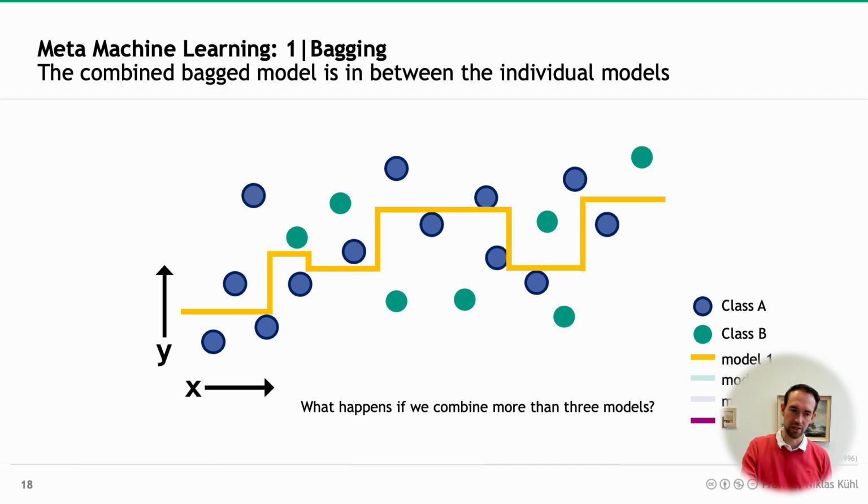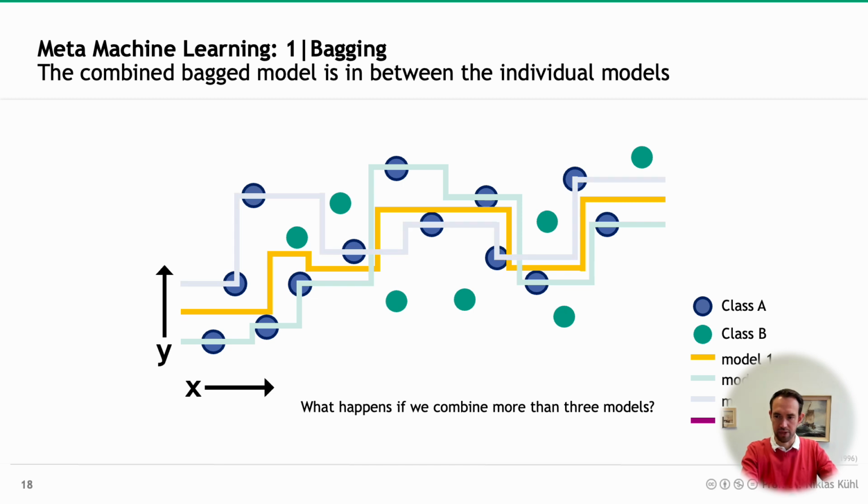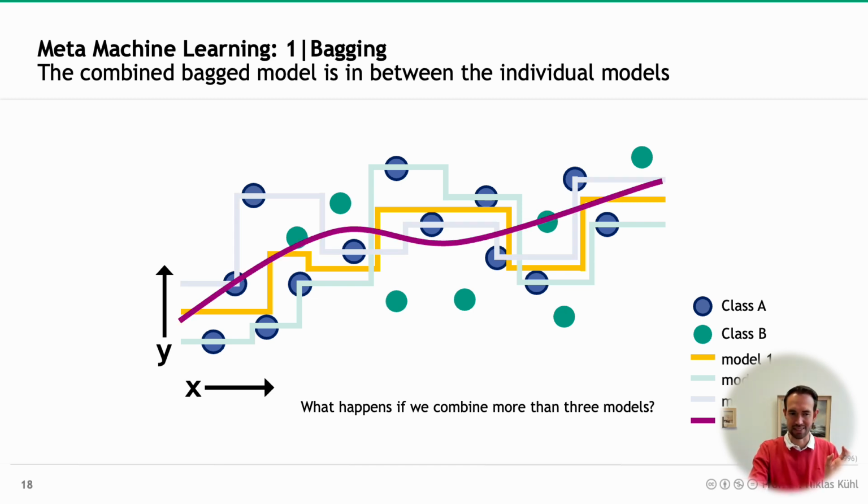So we have one model separating these data points because they were fed to them as a subset. We have another model, the model 2, which separates them, and we have a model 3. And now if we take the bagged model, the idea is that it does a pretty good job in separating them. Not perfect, but a good job. Now that's how bagging works.